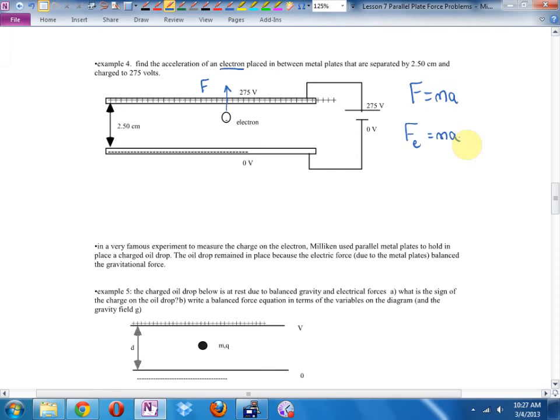I have K Q1 Q2 over R squared. Do you see a planetary size charge and a secondary charge and a radius? No, I'm not using that one. I'll use my definition of force that comes out of my definition of electric field. I'm going to say Q times the electric field equals MA.